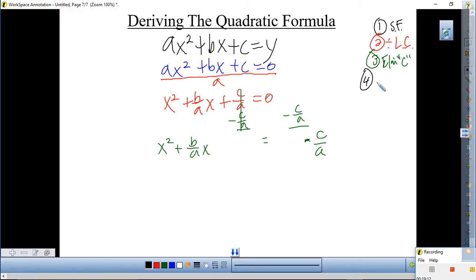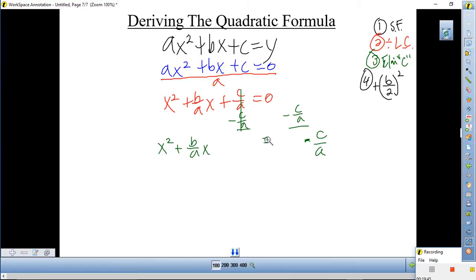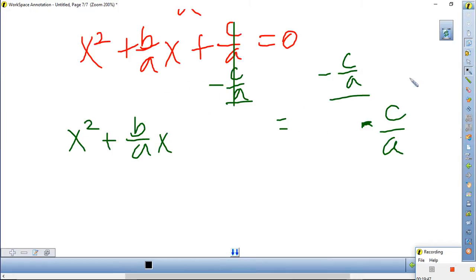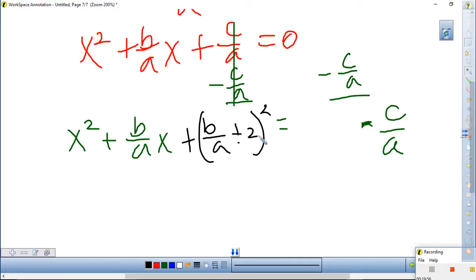Aaron. B over 2 squared. Yes, we need to add that to complete the square. So, tell me what to write, Aaron. No, before that. B over a divided by 2 squared. That is correct. b over a divided by 2 squared.